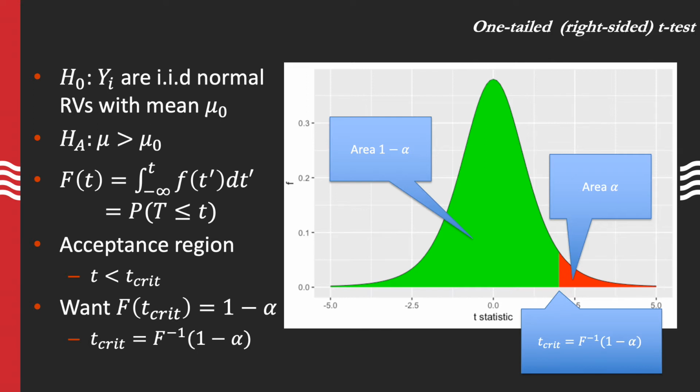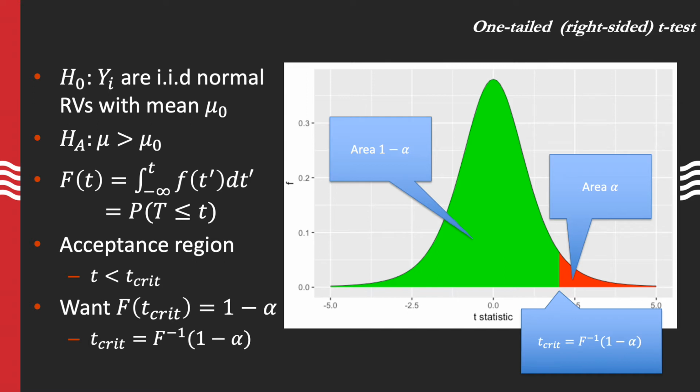So we can define a so-called acceptance region using this threshold. We basically say if our t-statistic is less than this critical t value, we're going to accept the null hypothesis. And if our t value is greater than t critical, we're going to reject our null hypothesis. And we want the cumulative distribution function of t crit to be equal to 1 minus alpha, because we want to accept a true null hypothesis 1 minus alpha percent of the time.